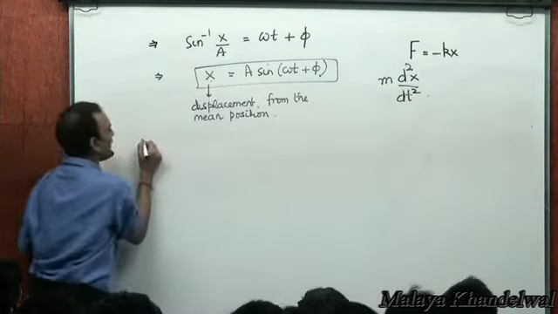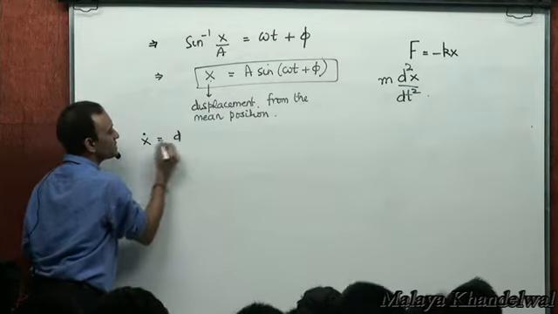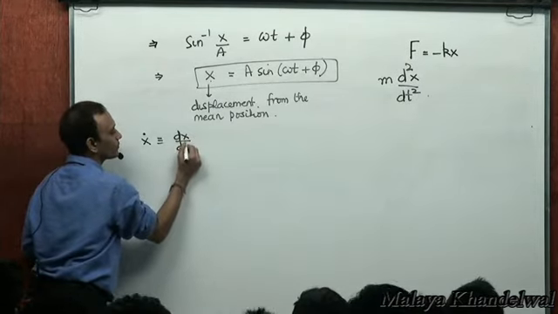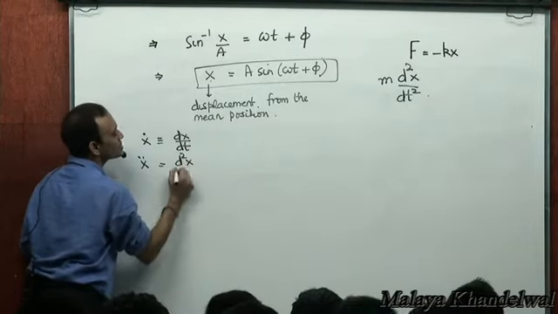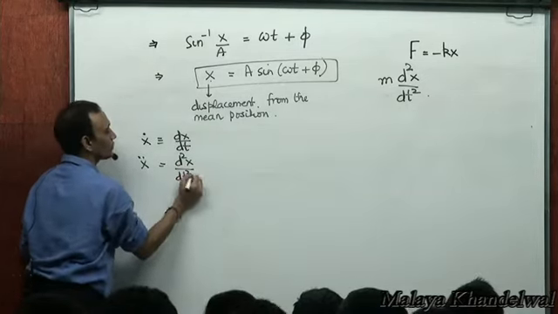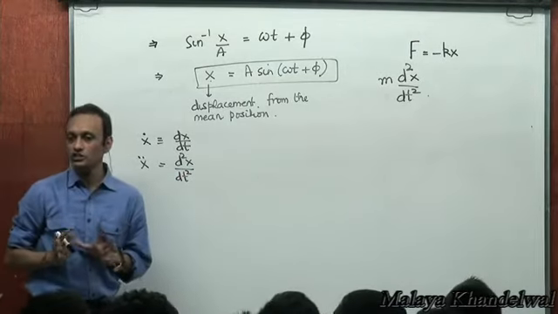Henceforth, x dot would mean dx dt, whereas x double dot would mean d2x dt2.